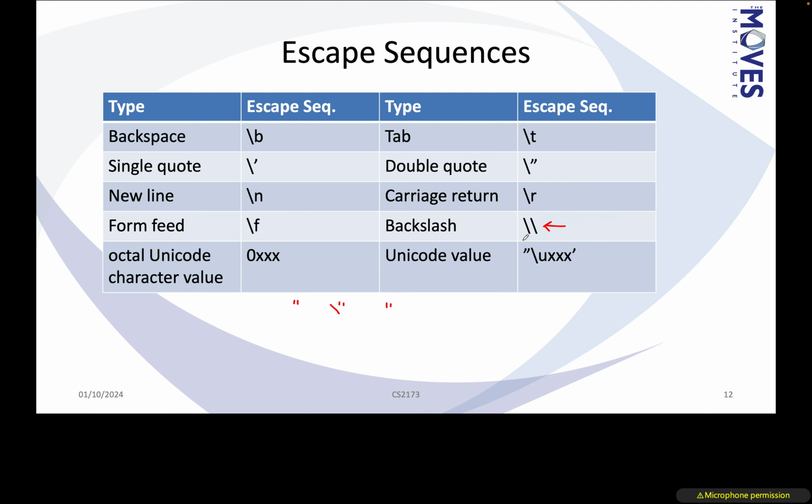It'll read the first backslash and say you're going to escape the next character, meaning it's going to be literally whatever that one is. In this case, it's going to be the backslash. Got that? And if I want to represent an octal value, I start it with a 0. For a Unicode value, \u.